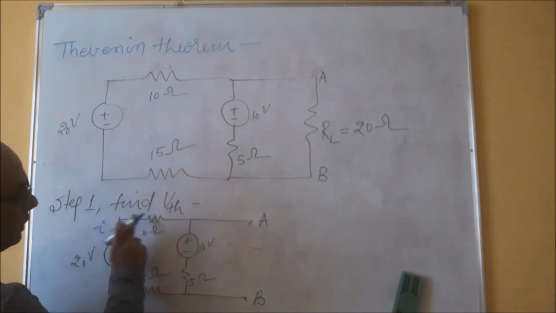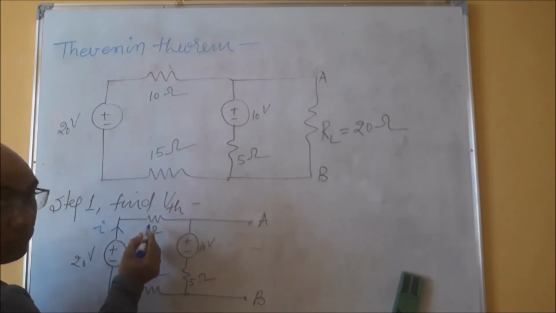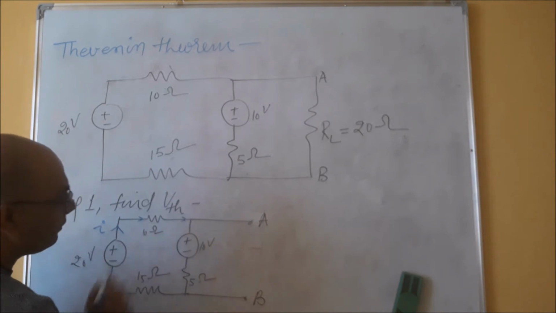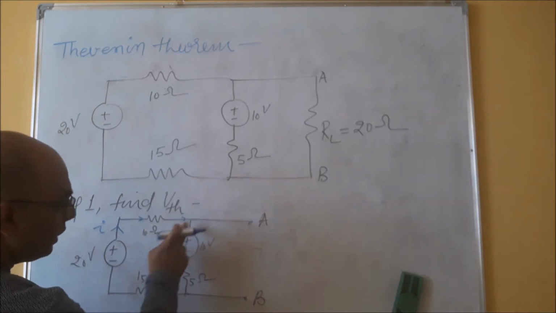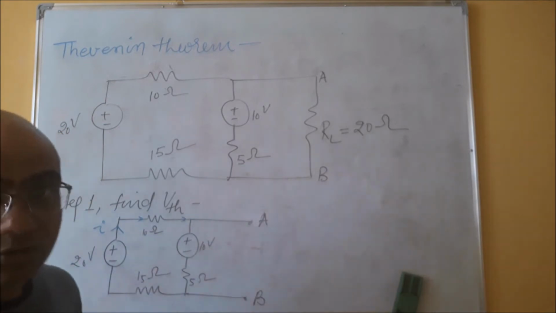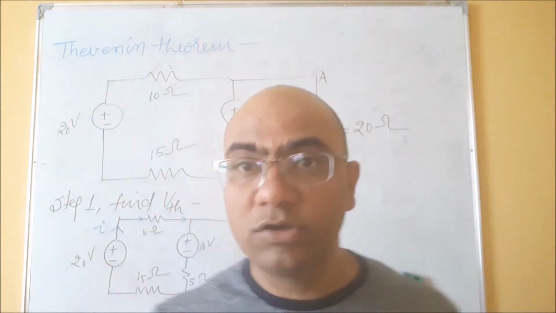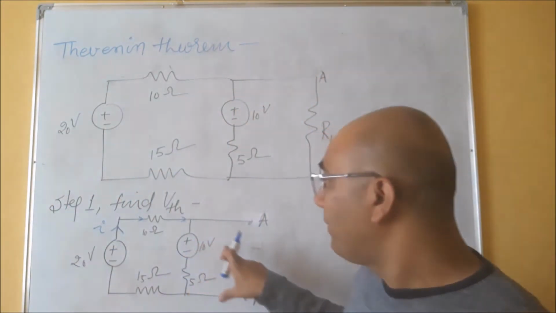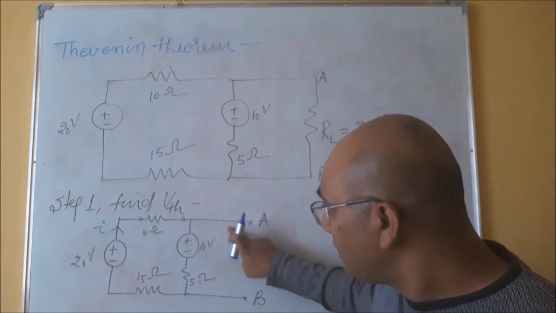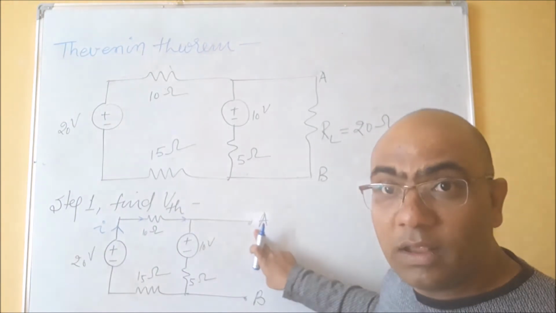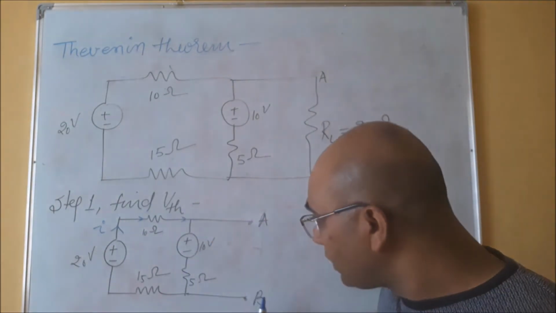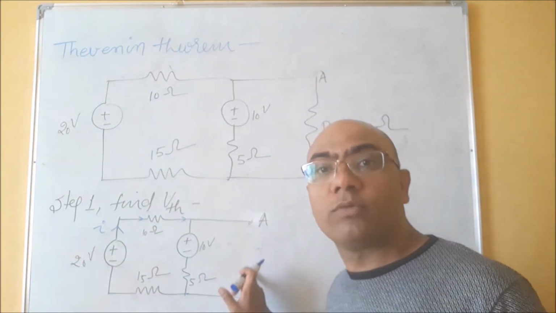So when I is flowing here, in the 10 ohm the same current I will go. At this point what will happen? There are two branches, this one and this one. According to KCL the current should be divided, but if you see, this circuit is open. If you flow the current in this circuit, there is no path to go forward.